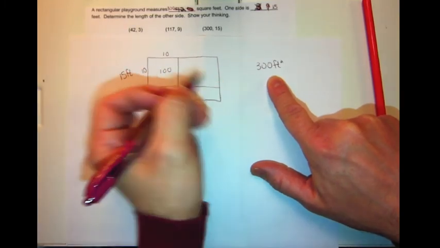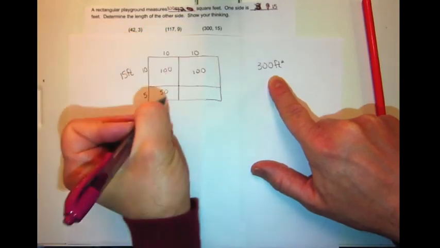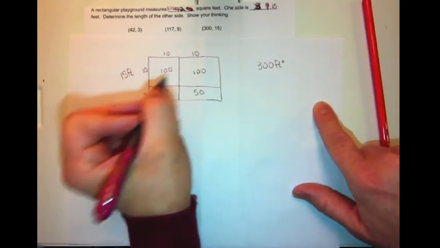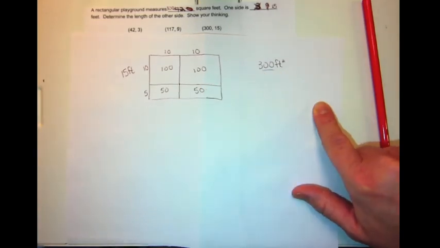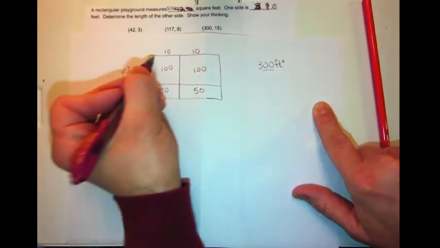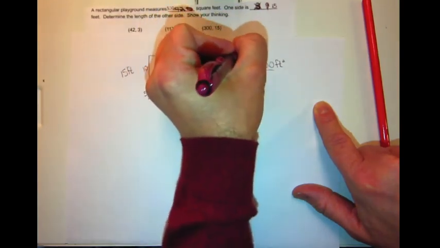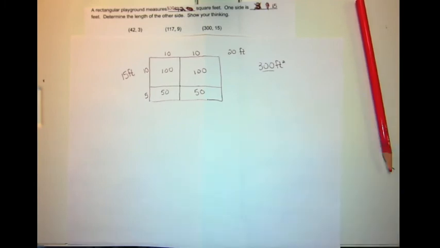Well, if I do that again, another 10 is going to get me another 100 and another 50. So there I have 100, 250, 300 square feet. So the other side is going to be 20 feet long. So in this rectangular garden, it's 15 feet by 20 feet long.